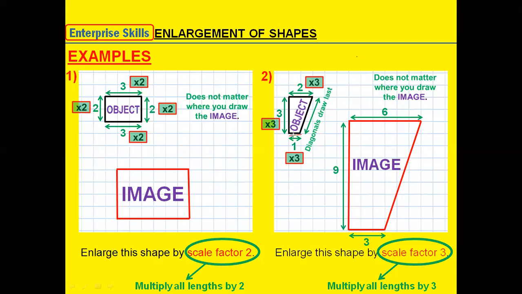Okay. It's just one unit, one square. Okay. Thank you.